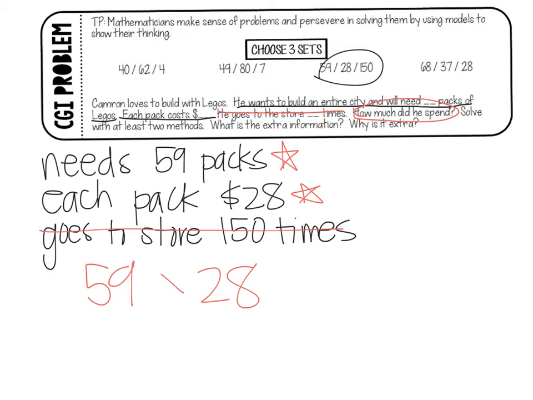So we're going to multiply. So let's do 59 times 28. What's one method that we could use to do this? Oh, I like how Cameron is looking back in his notes so that he could look at a way that he could solve this problem.